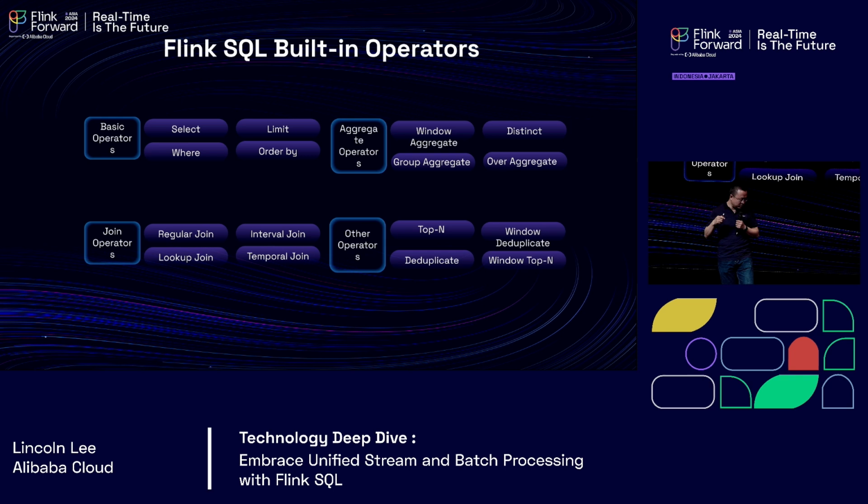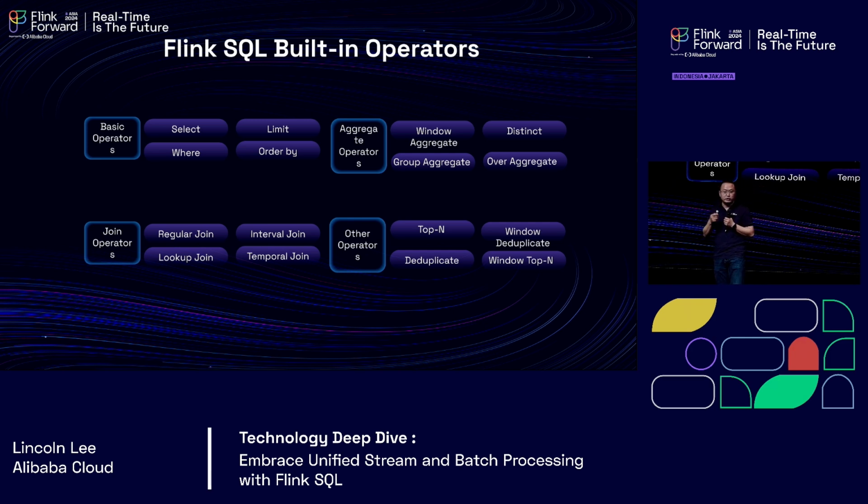After these examples, besides that, Flink SQL has more built-in operators, except the basic select, filtering, order by, limit. We have the window aggregate, which supports distinct calculation, the group aggregate, and also over aggregate.